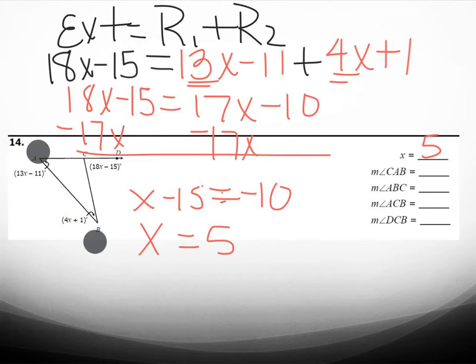So what we're going to do is we're going to take 13, put in 5, and subtract 11, and we're going to figure out what the measure of angle A is. So that is 54 degrees. You go ahead and plug in the rest of the angles and then hit play once you've done that to check your answers. And there you have it.